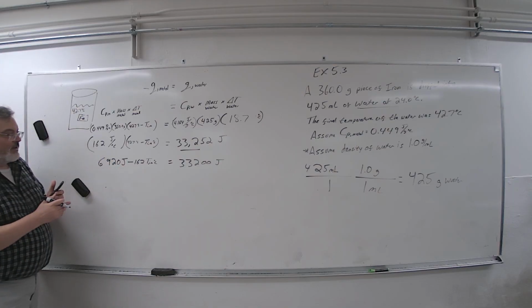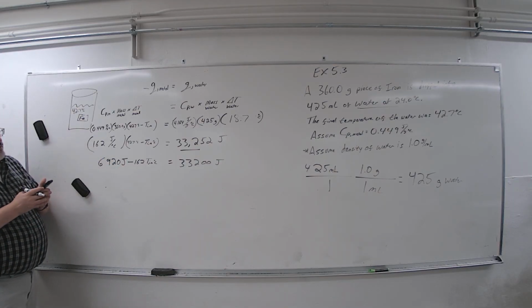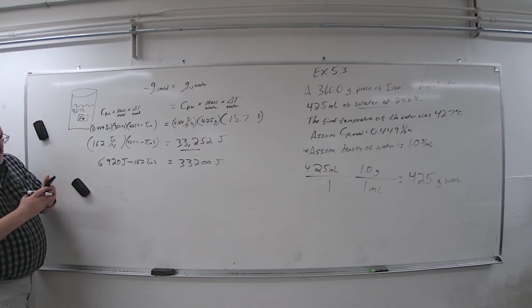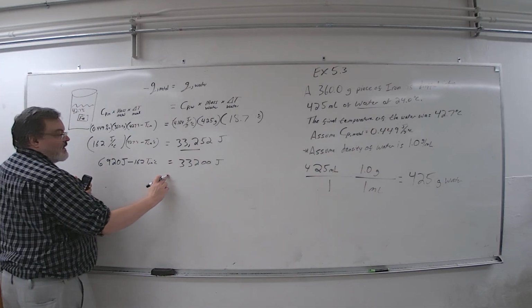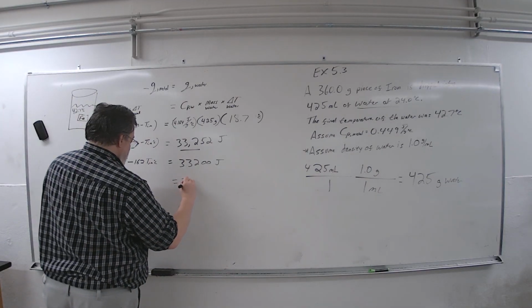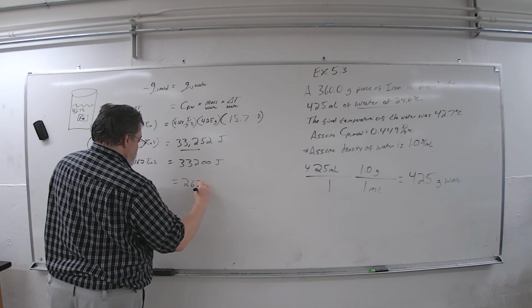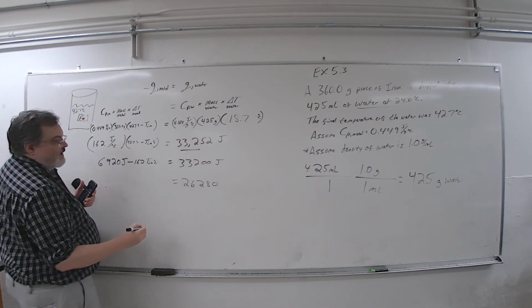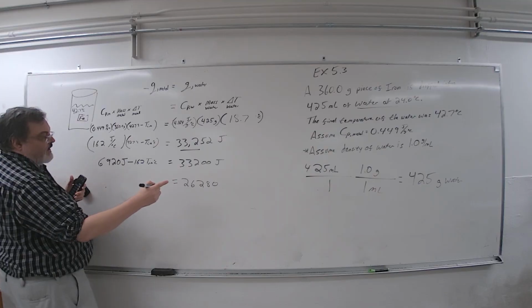And then the last step is we're going to have to divide. All right, so 33200 minus 6920. So subtract this from both sides. They're both in joules, so that's correct. I get 280, and I guess nothing after the decimal.